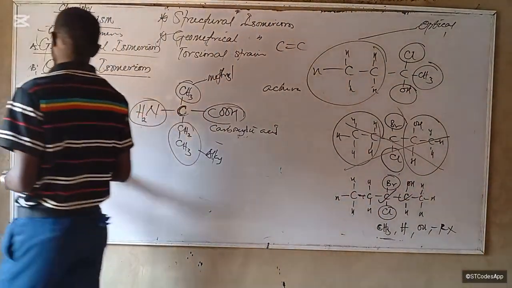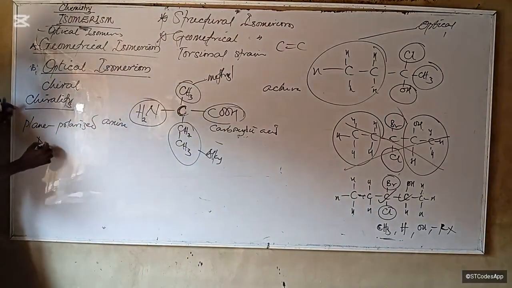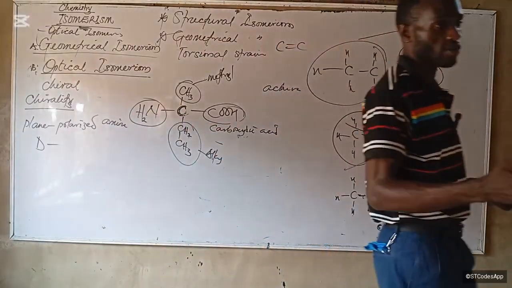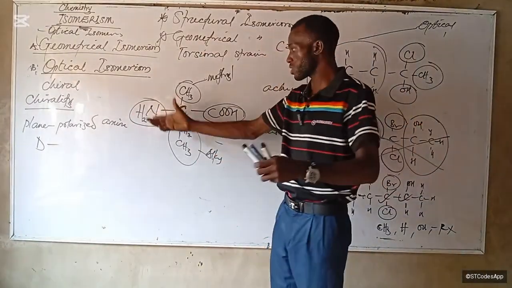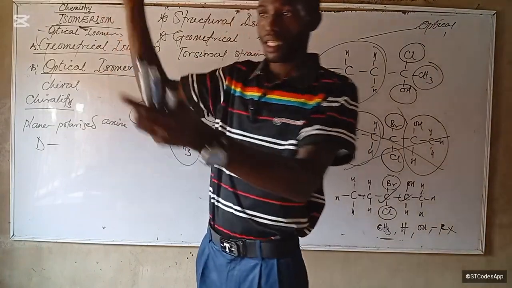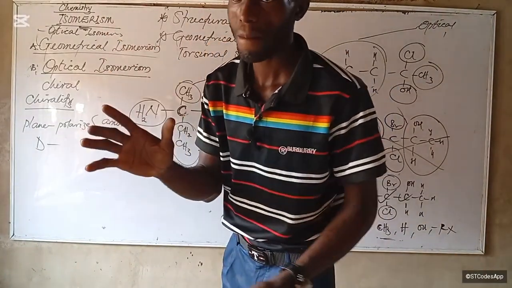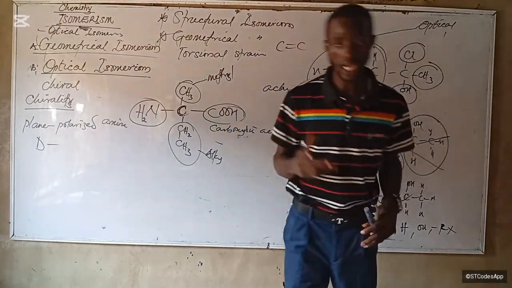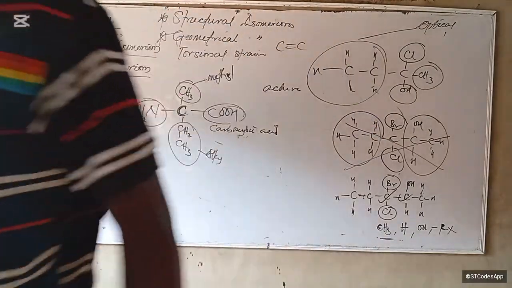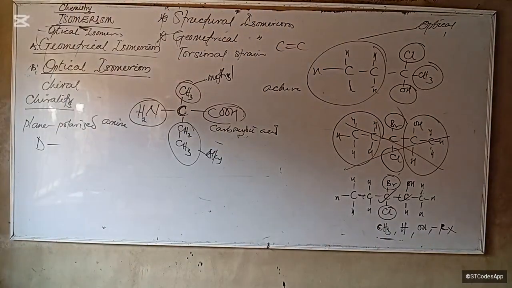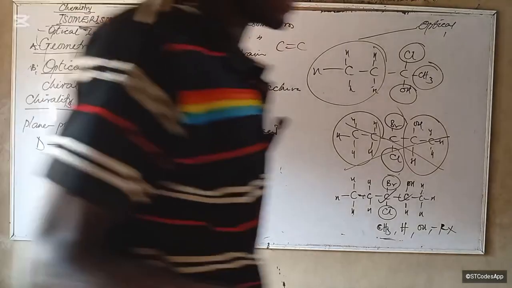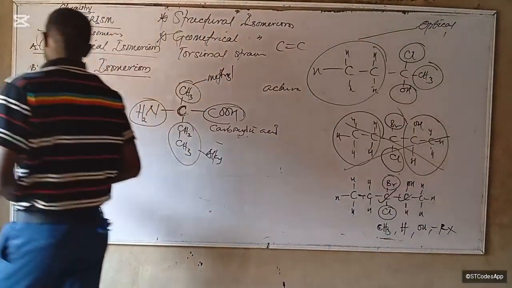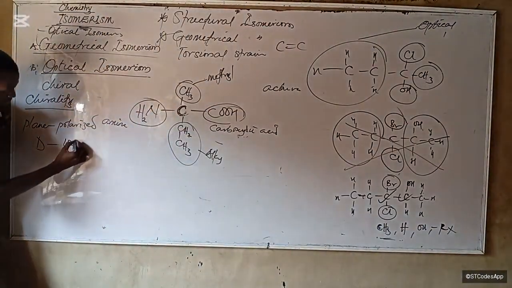This is called the d-isomer. We said two non-superimposable mirror images, right? One is the molecule itself. The second one is the one you are seeing in the mirror. Are you with me?